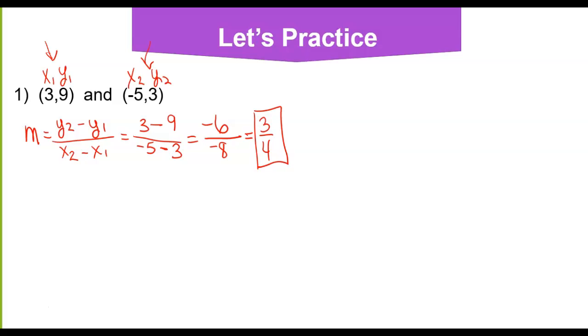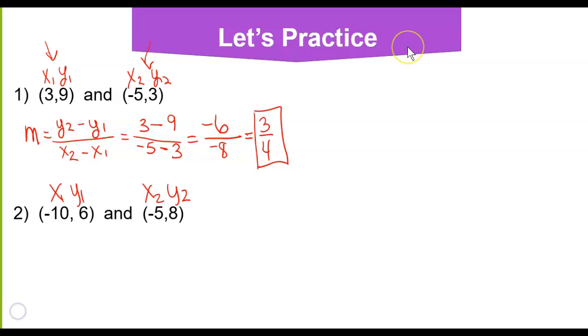All right, one more for you to try on your own in your notes. You try it. Pause the video, see if you can do it on your own. All right, so first thing, we write the formula. Excuse me. We're working it out now.